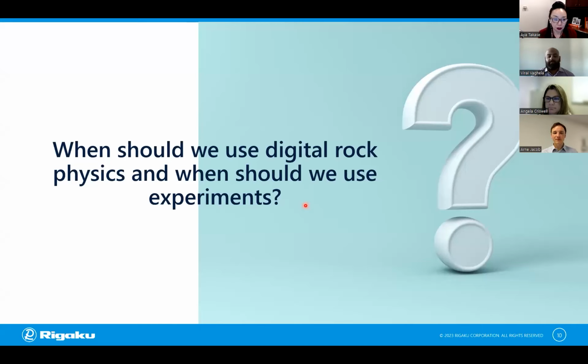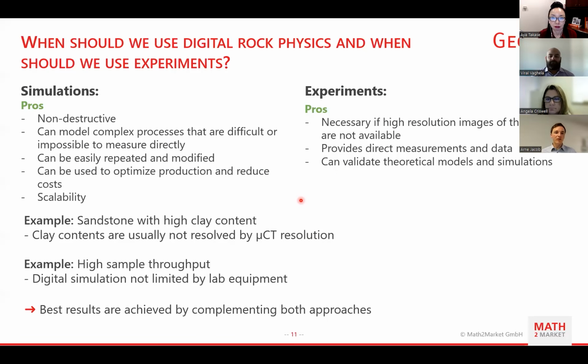So the next question is, when should we use digital rock physics and when should we use experiments? Also a very good question. And we have also touched on that in the beginning. So simulations are very good because they are non-destructive, because they are based on images obtained by microcomputer tomography.